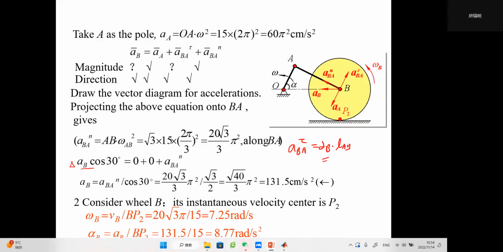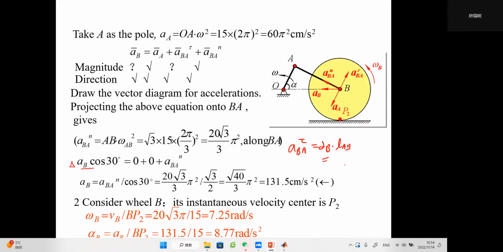So actually, consider wheel B, its instantaneous velocity center is P'. We have used this once. And for this AB, we know its direction and its magnitude.